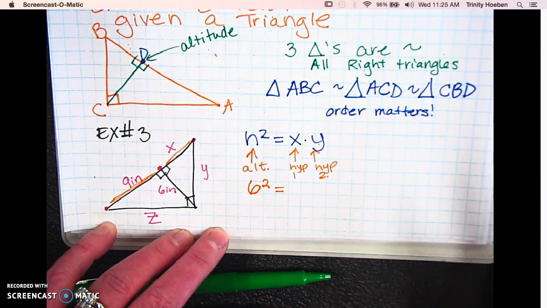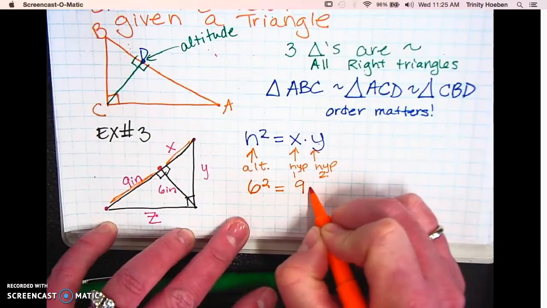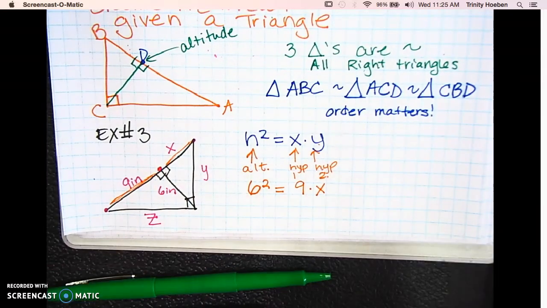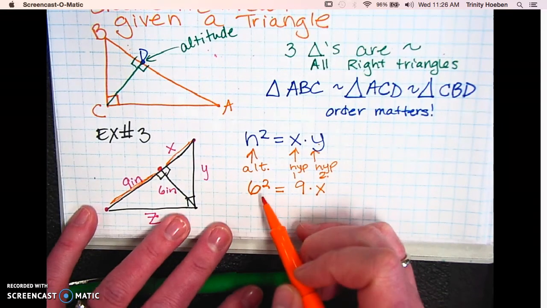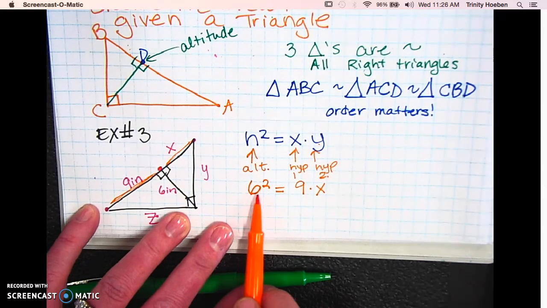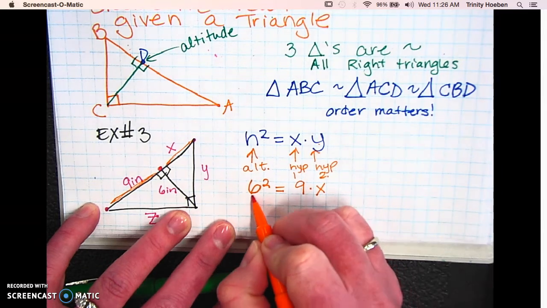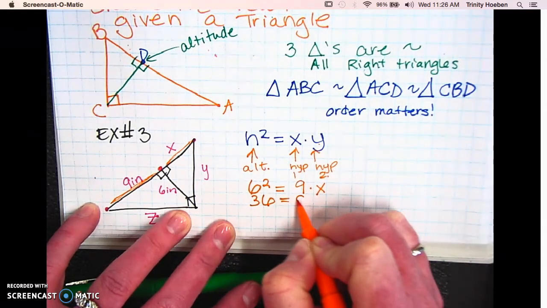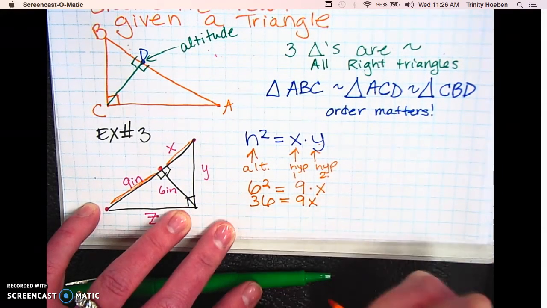Not necessarily. I could write 9 times x, or x times 9, as long as you get one of each. Then we're going to simplify. So 6 squared is what? 36. And 9 times x is just 9x.